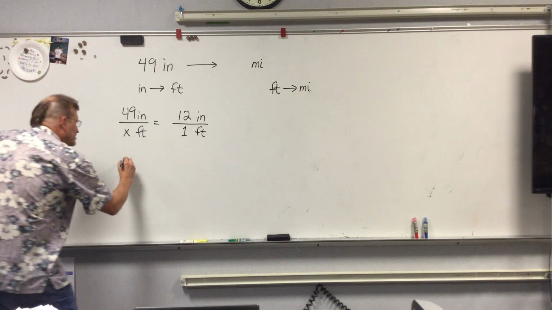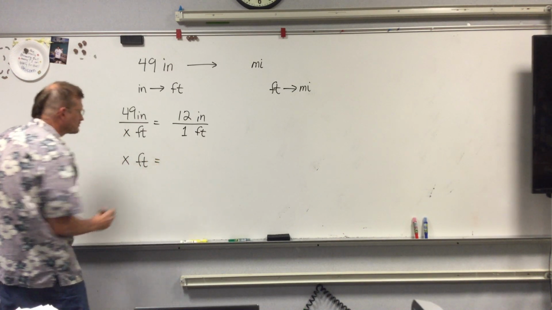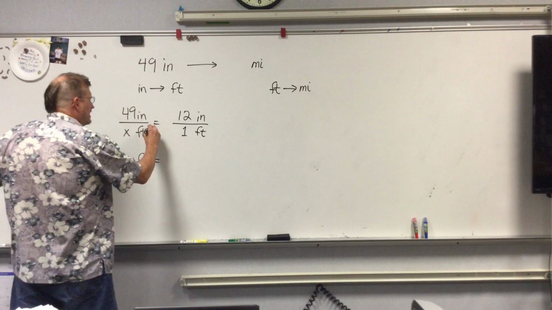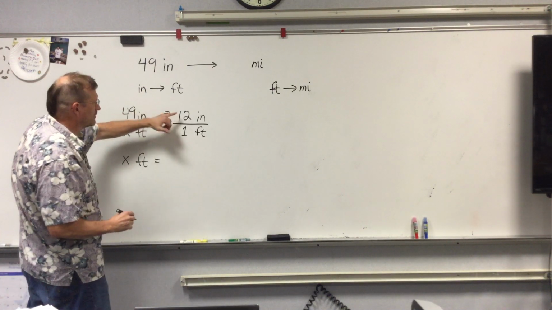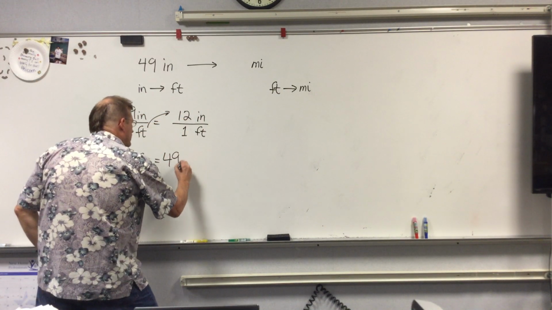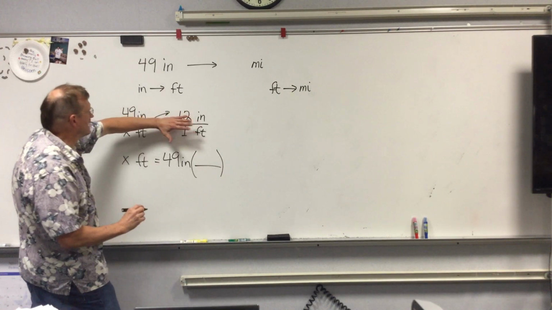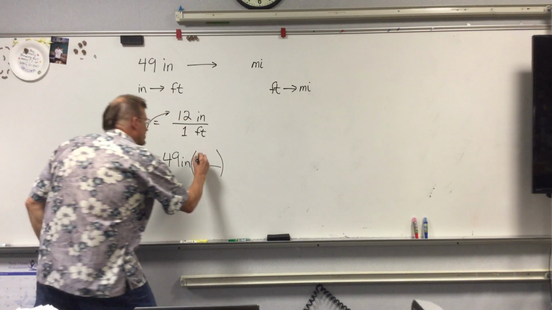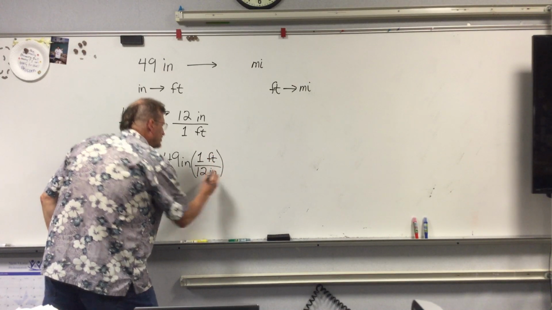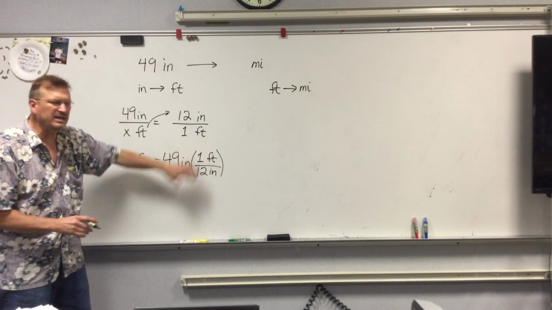So if I go ahead and solve for x feet, again, we're going to bring this over to the other side so it's in the numerator, and then we're going to bring this over to the other side. What we're left with is 49 inches, and then in parentheses we would have the inverse of this, which would be 1 foot over 12 inches. And I pointed out already that the inches cancel, and we could get a number for this.